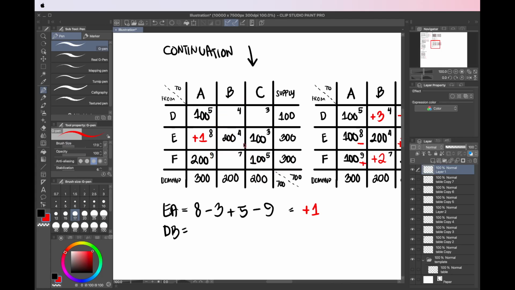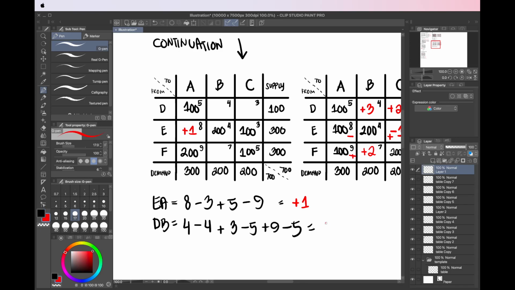So I hope you got that. 4 minus 4 plus 3 minus 5 plus 9 minus 5 again. So the answer would be 4 minus 4 plus 3 minus 5 plus 9 minus 5 is positive 2. Right? So let's put it there. Positive 2. Then let's get for DC.